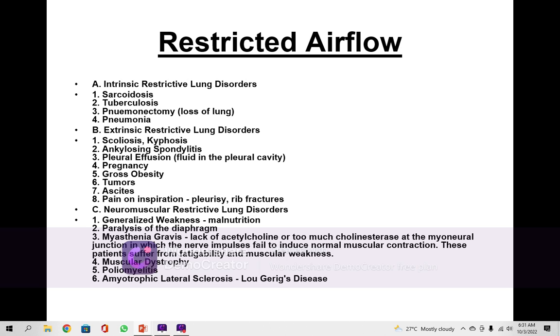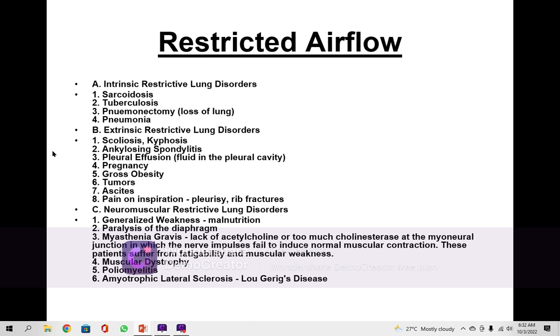Actually, it is written here: sarcoidosis, tuberculosis, pneumonias, and restrictive lung disorders like scoliosis and kyphosis, ankylosing spondylitis, pleural effusion, pneumothorax, gross obesity, tumors, ascites, pain on inspiration, etc. Neuromuscular restrictive lung disorders include generalized weakness, malnutrition, paralysis of the diaphragm, myasthenia gravis, muscular dystrophies, poliomyelitis, amyotrophic lateral sclerosis, and Guillain-Barré syndrome, which is also a problem in the pediatric world specifically.